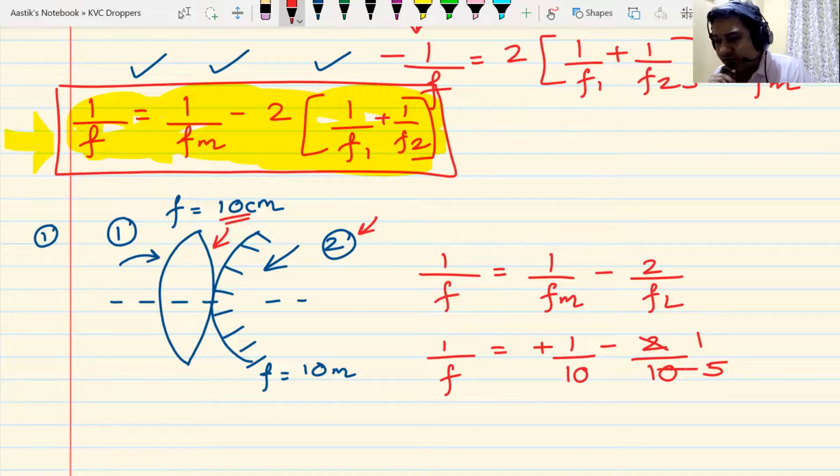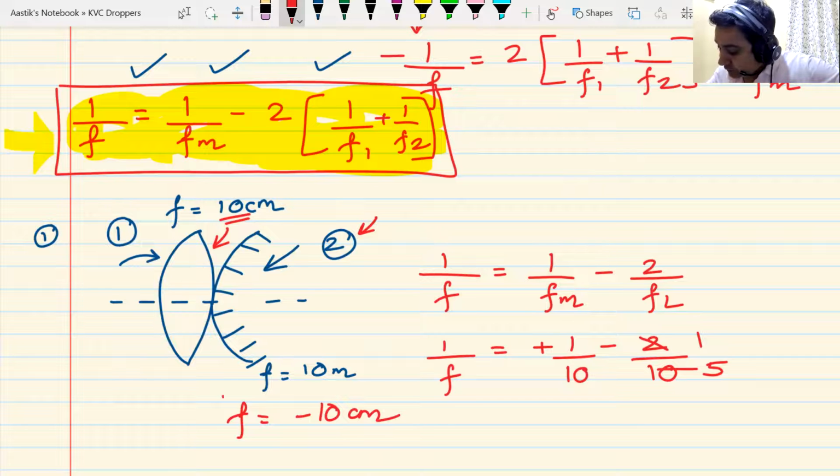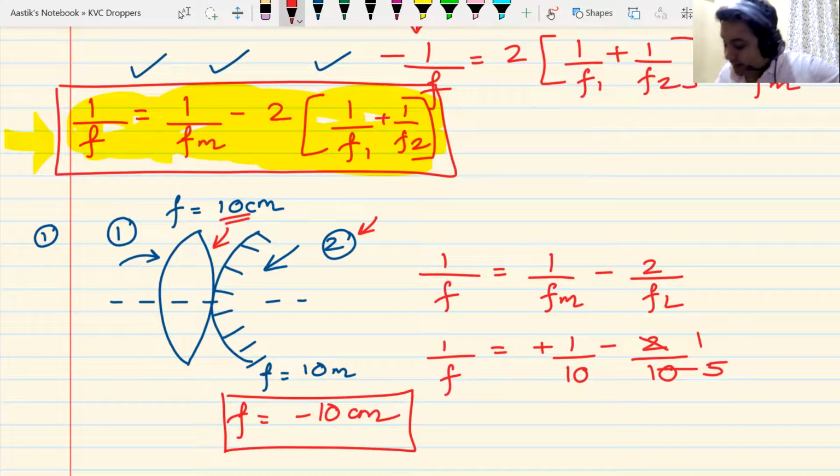The answer here would be, if you can calculate, minus 10 centimeters. So it will behave as a concave mirror of focal length 10 centimeters. Do we understand this?